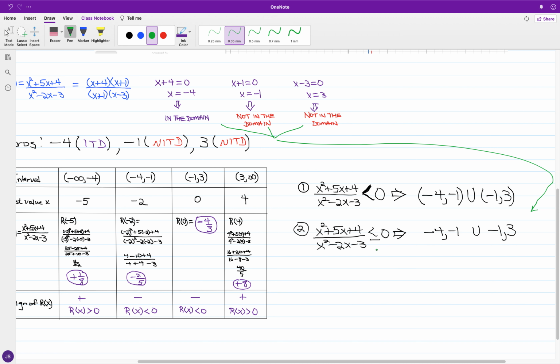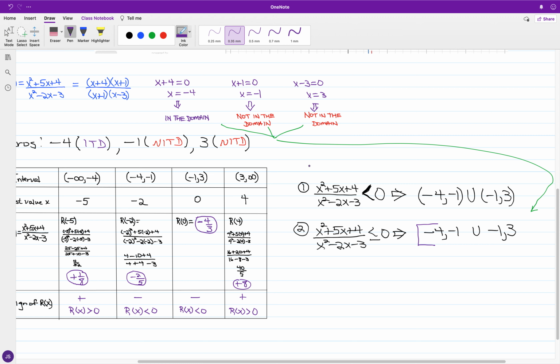Okay, now with an equal sign, there is the potential for there to be brackets, but it's not necessarily a guarantee. So for -4, okay, -4 is a 0, and it will be bracketed as long as -4 is in the domain. So looking back, -4 stems from x plus 4, which is only in the numerator. So this is in the domain. So around -4 is going to be a bracket.